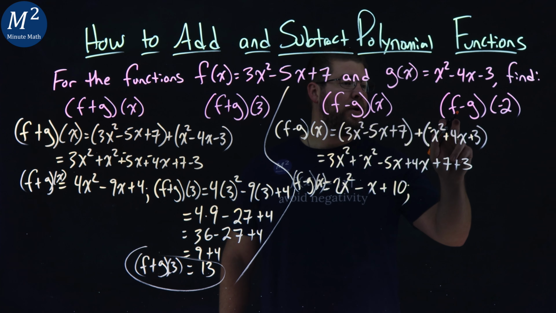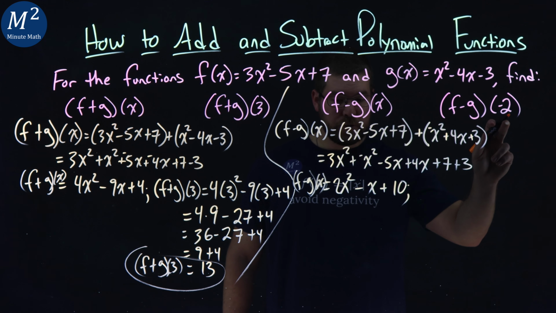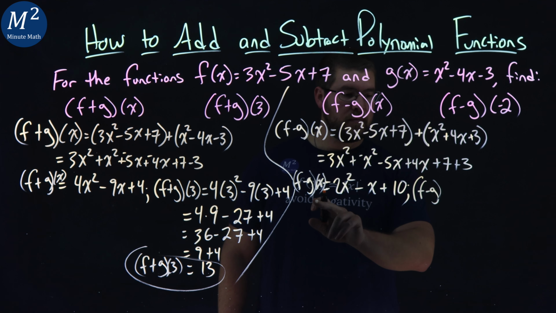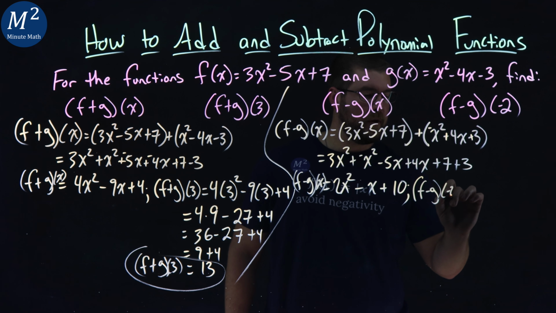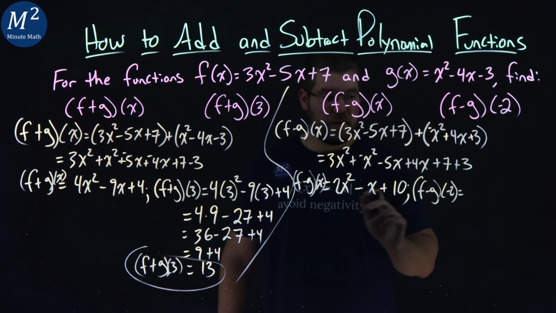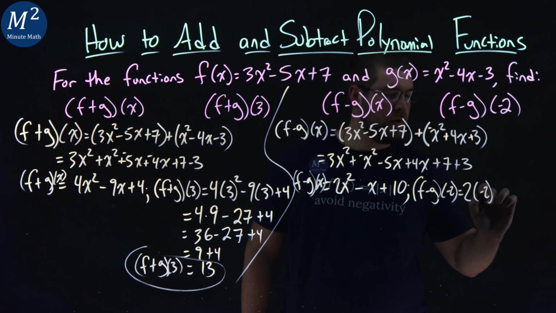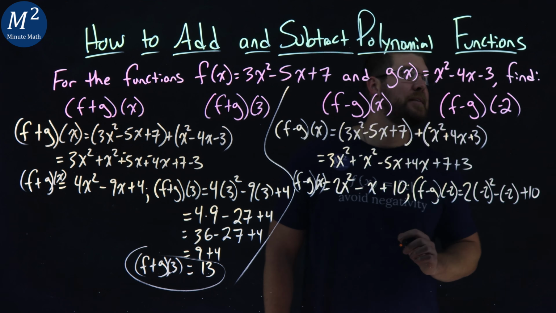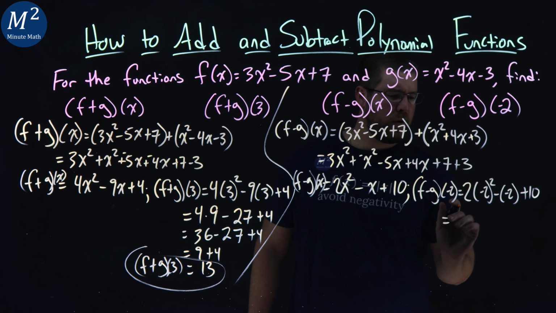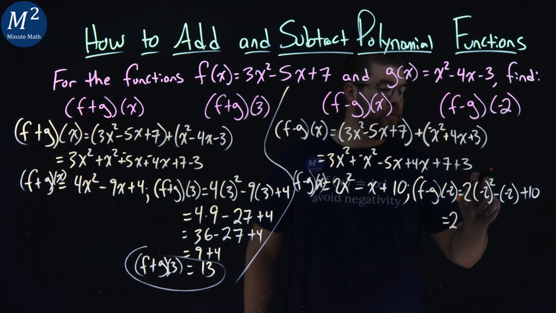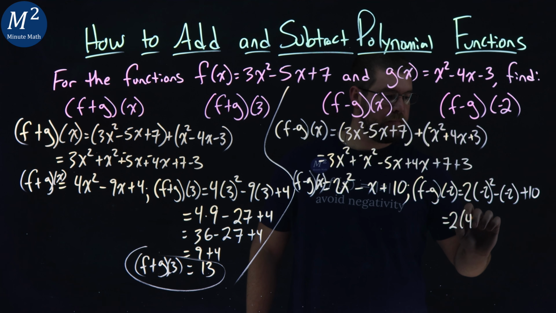But now we want to find what is f minus g of negative 2. So I take my f minus g function, but instead of an x, I'm going to put a negative 2 in. We're going to substitute that negative 2 in for each x value. 2 times a negative 2 all squared, minus a negative 2, plus 10. Now we want to simplify this. 2 times a negative 2 all squared is 2 times a positive 4.